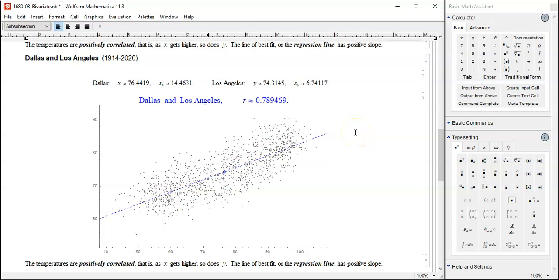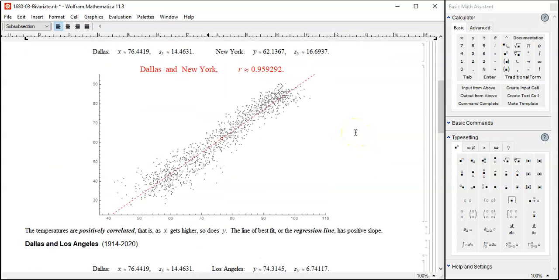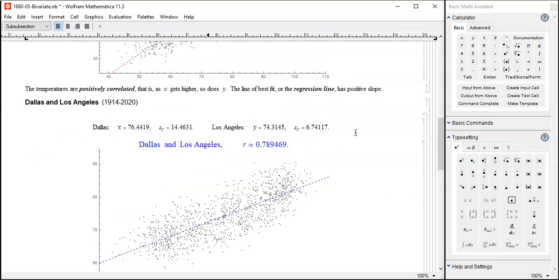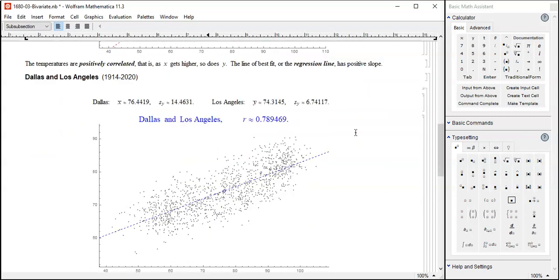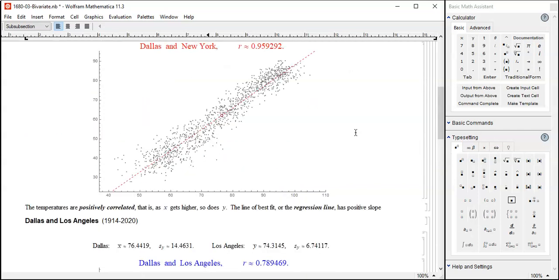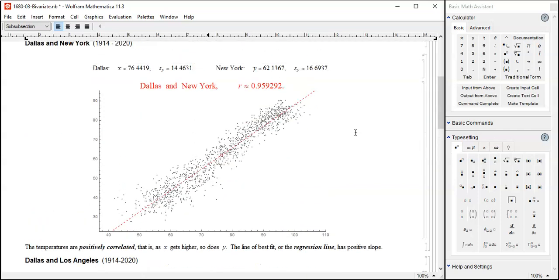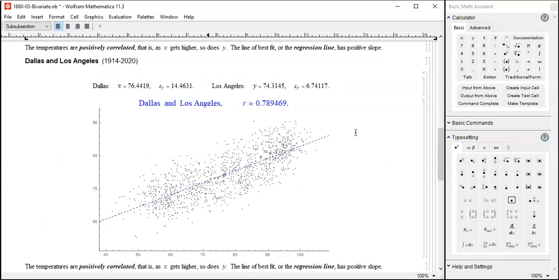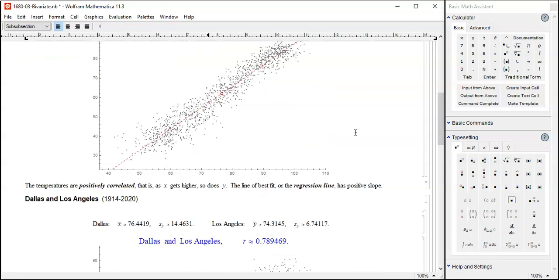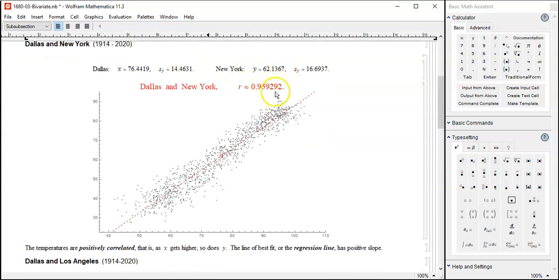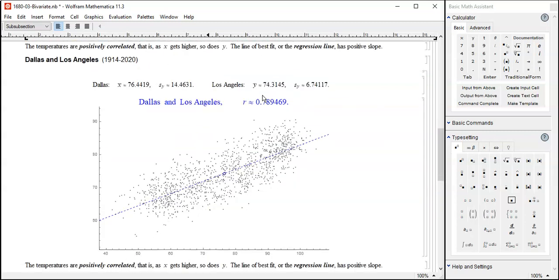But compare this with the previous picture. Which one is more densely packed around that regression line? Dallas and New York or Dallas and Los Angeles? Clearly the former, isn't it? Just looking at the picture, you can clearly see the difference. Not coincidentally, the R value is closer to 1 for Dallas and New York.